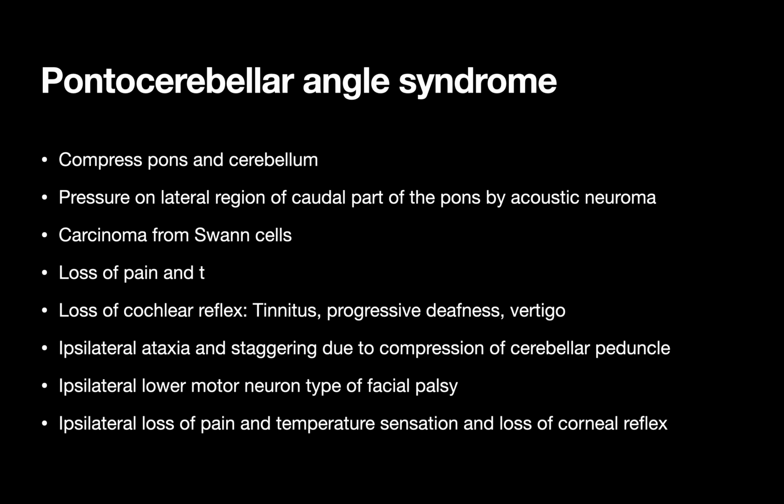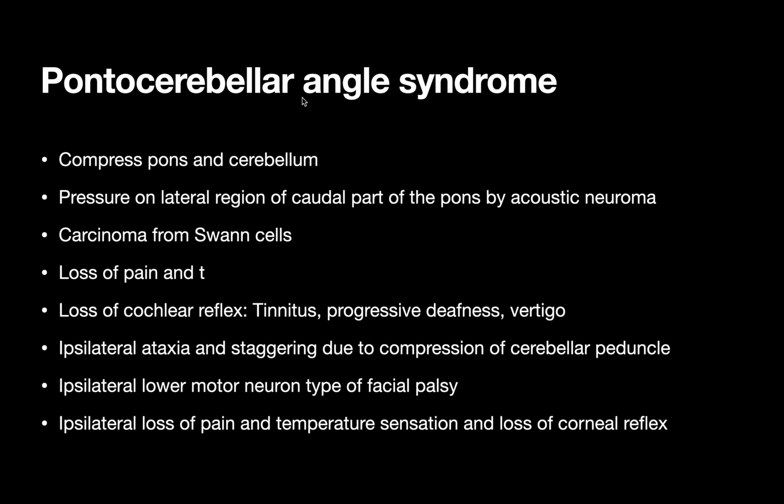Okay, in the pontocerebellar angle syndrome, there's going to be compression of the pons and the cerebellum, and that can be due to a neuroma in the acoustic canal. So there's going to be a small tumor made out of the myelin-producing Schwann cells.